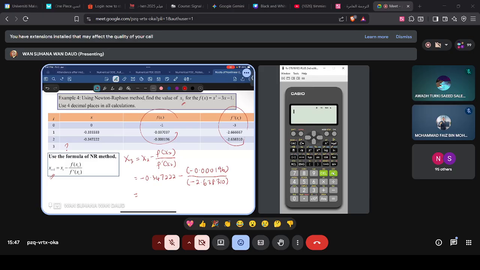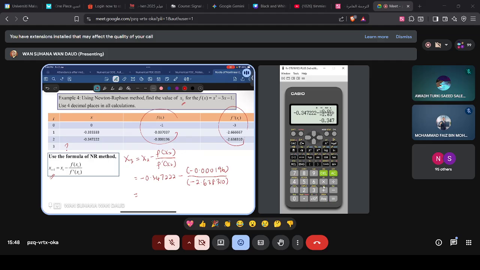Negative 0.34722 minus bracket, or you can use this, negative 0.000196 divided by negative 2.638310.